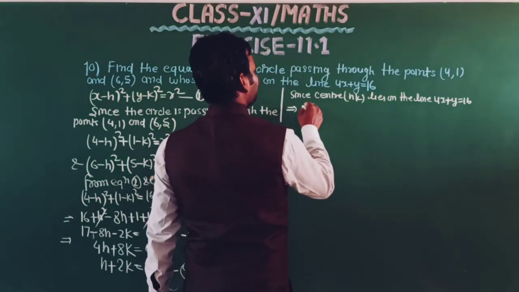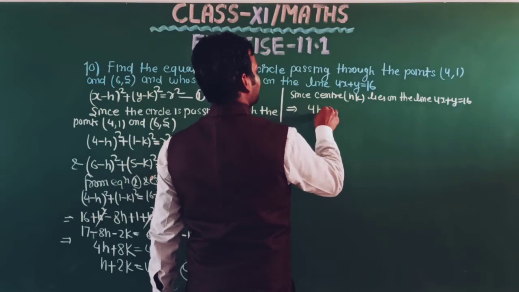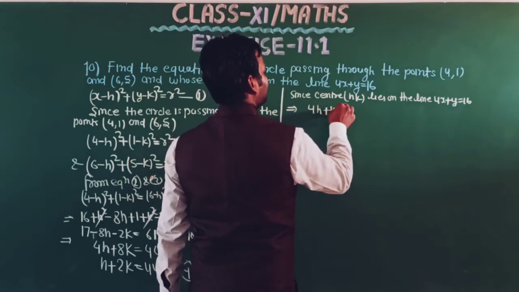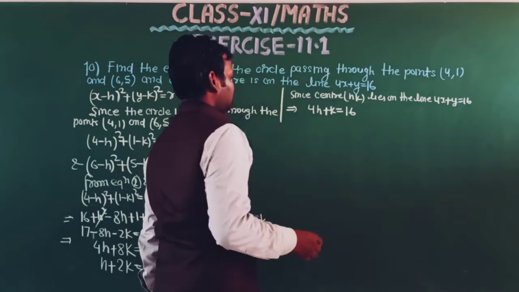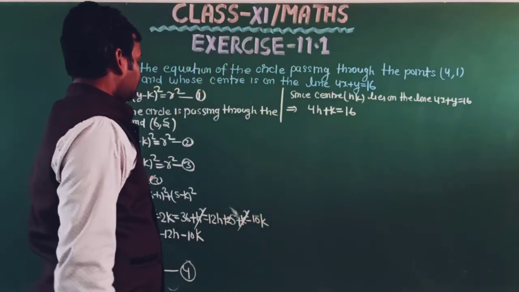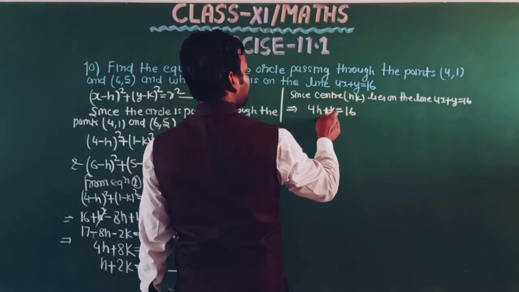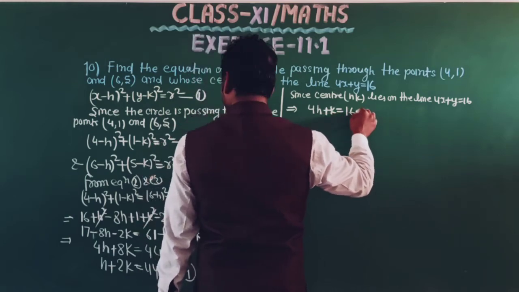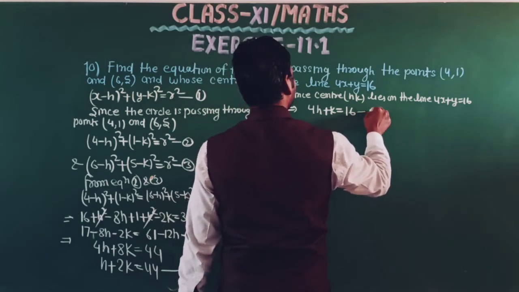So this implies 4h plus k equal to 16. Say this is equation number 5.